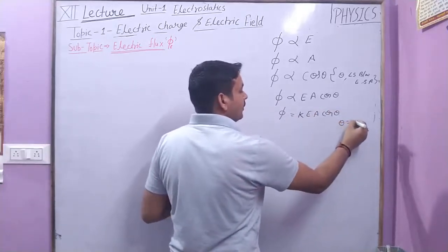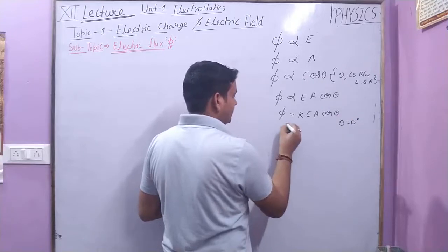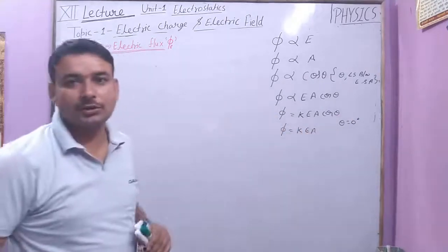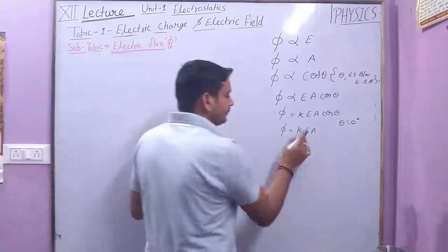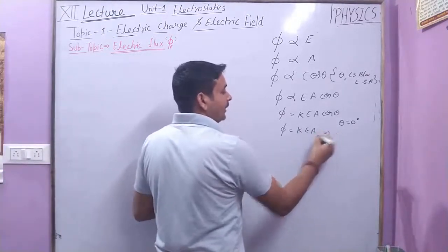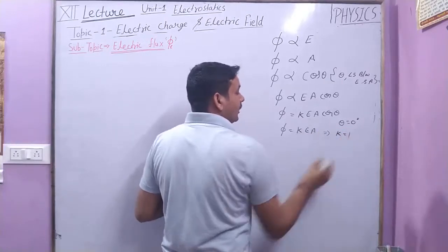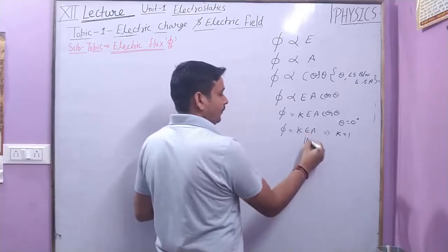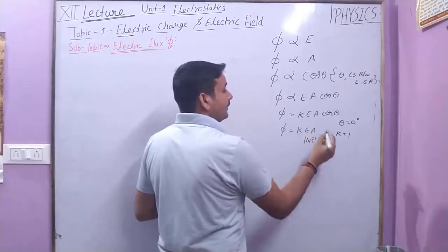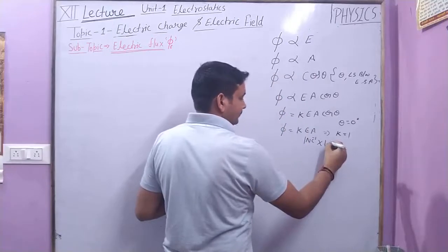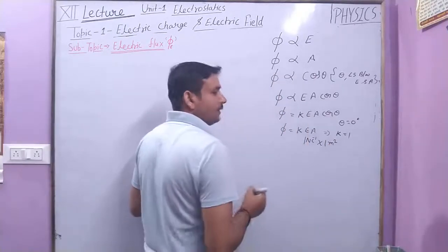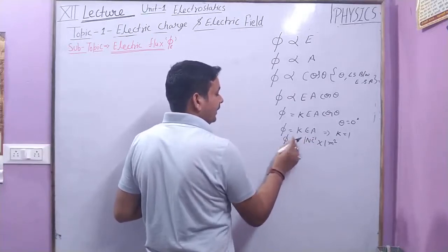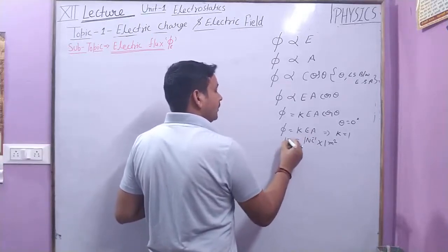For theta equal to 0 degrees, we get phi equal to K EA, because cos 0 is 1. For calculating K, we can say that if a unit electric field crosses a unit area of the surface, then the flux linked with the surface is 1 unit.